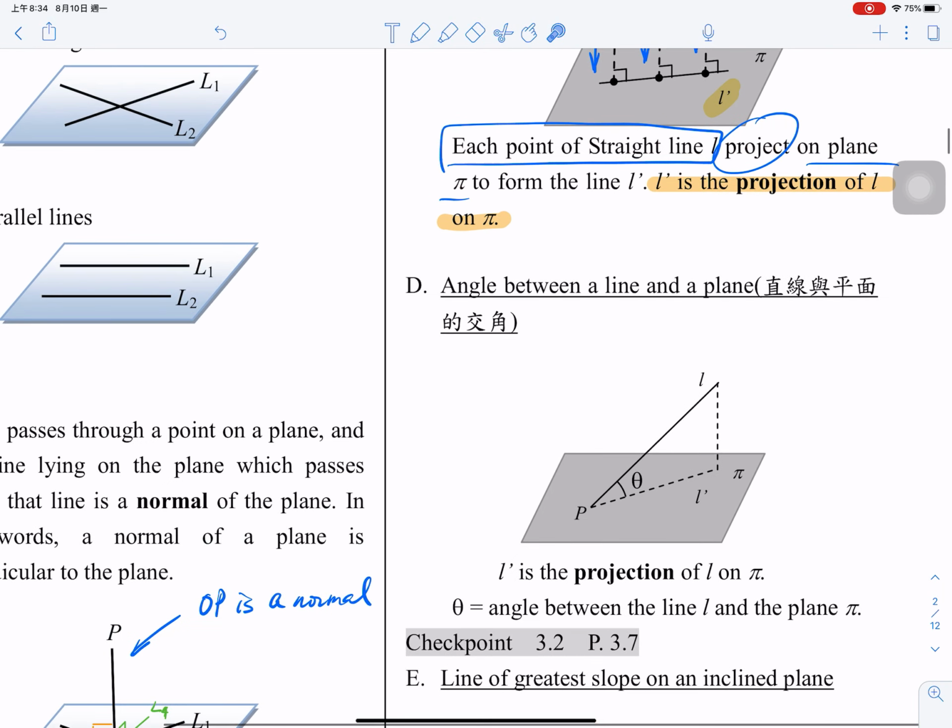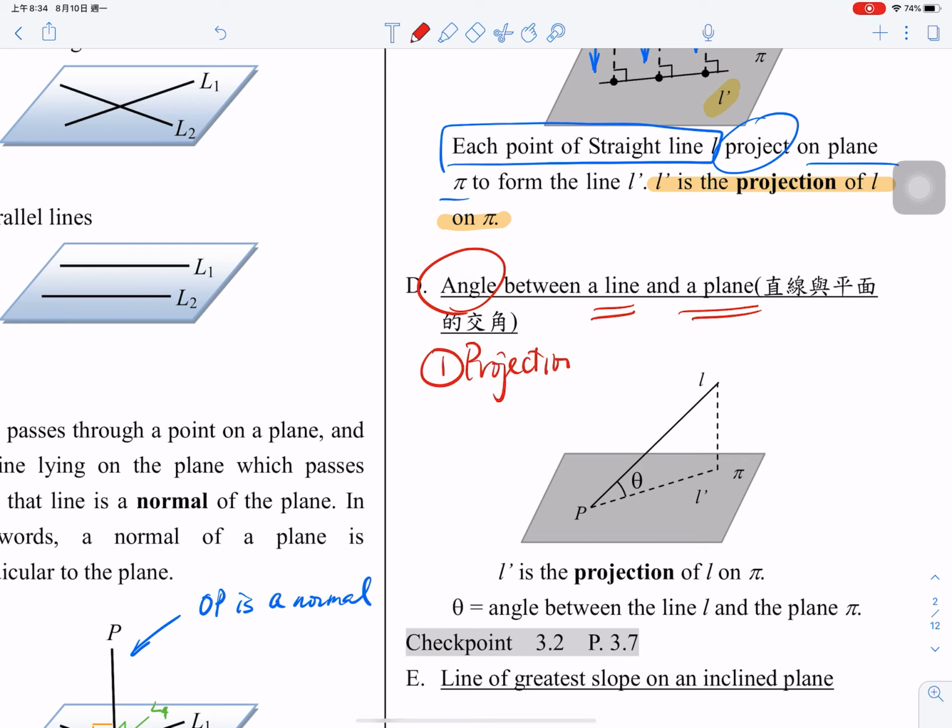Have a look at one more term here, D. Angle between a line and a plane. Here is the line L. If we talk about the angle between a line and a plane, the first step you need to think about is the projection. It's really important.